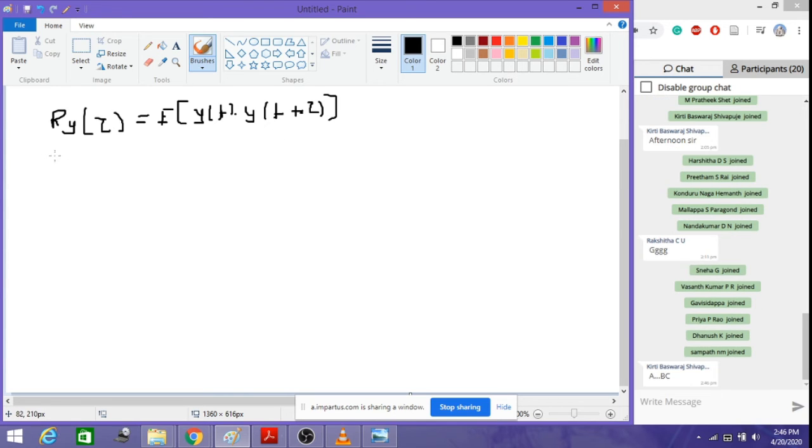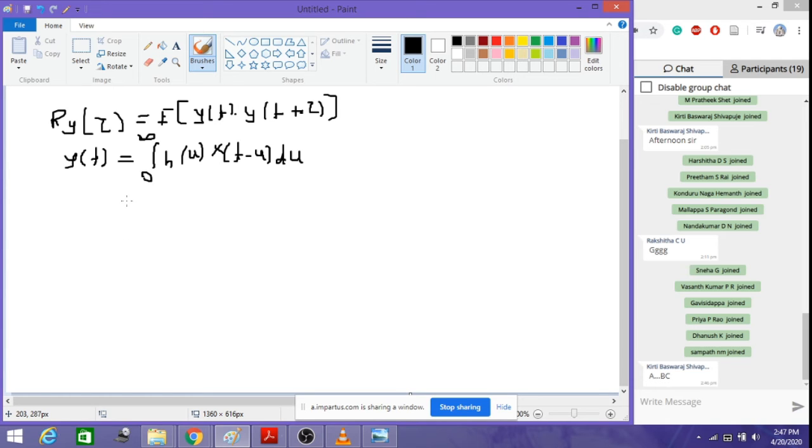Now from the linear system, we know the output will result in the convolution. Therefore we can write y of t is equal to an integral from 0 to infinity of h of u into x of t minus u into du.